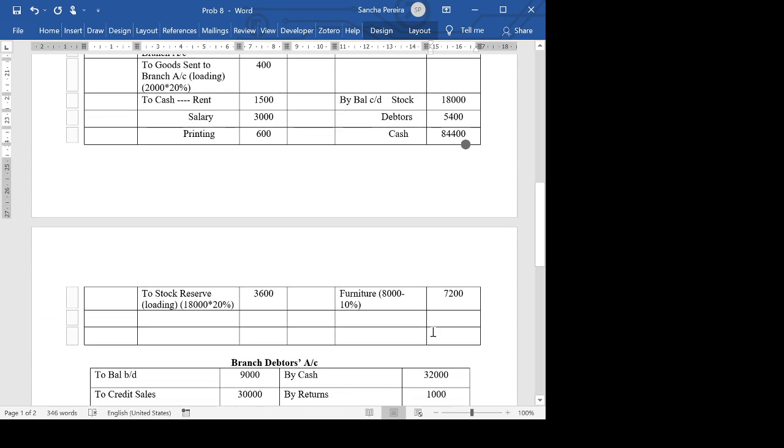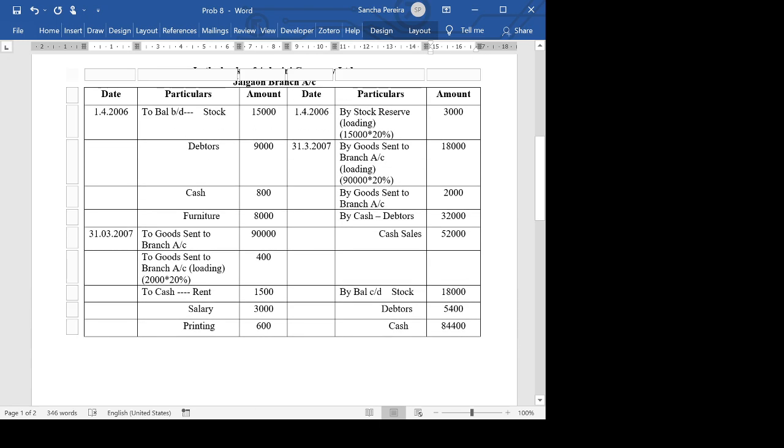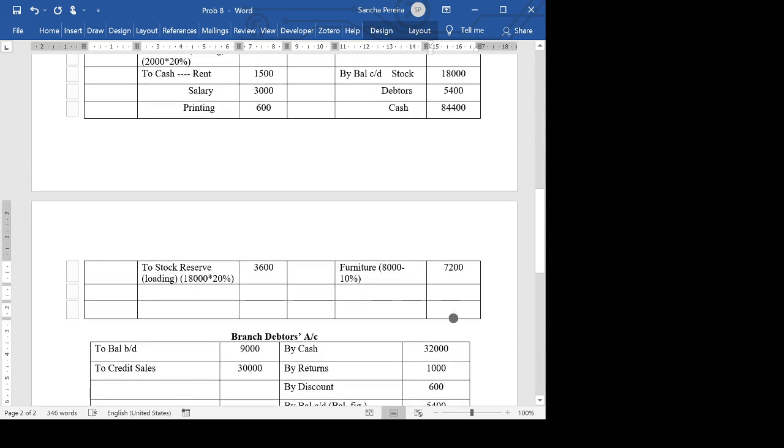Let's just total it and check. Eighteen plus 3 is 21,000 plus the 84, 86,000 plus 18,000 plus 54 plus 84,400 plus 7,200. 2,22,000.